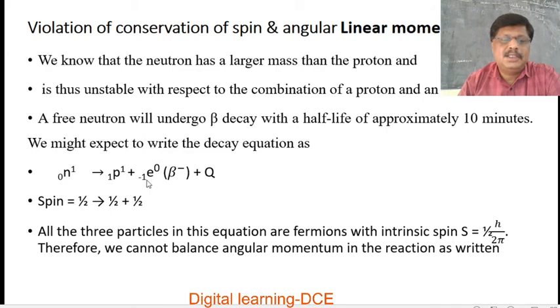That is, this represents an integral value, while the left side represents a half integral value. All three particles in this equation are fermions with intrinsic spin S equal to half h by 2 pi. Therefore, we cannot balance angular momentum in the reaction as written here. Half minus half is 0, or half plus half is 1. So we cannot balance the spin and spin angular momentum.